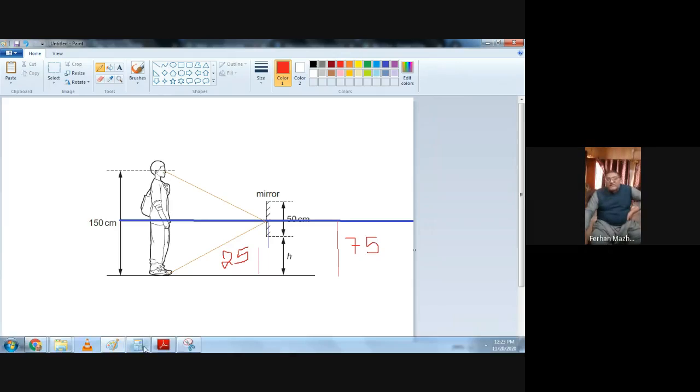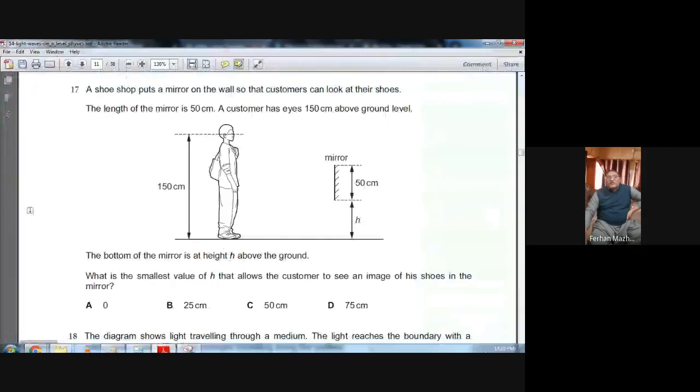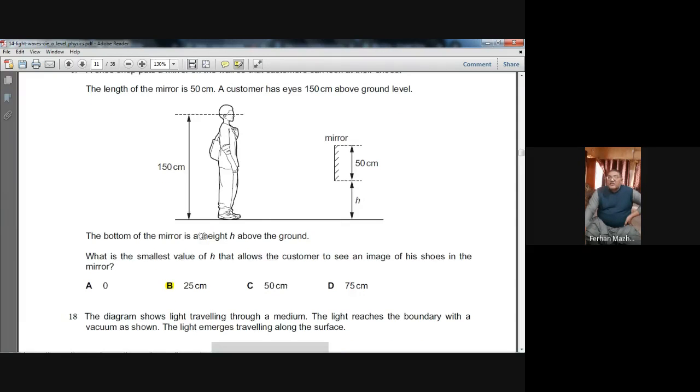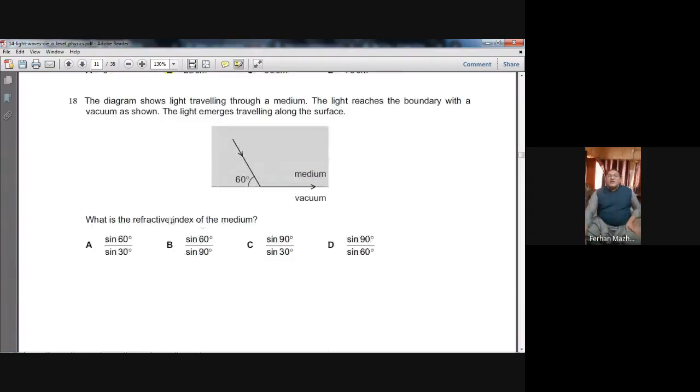So 25 is the right answer. The question was, what is the smallest value of h that allows the customer to see an image of his shoes in the mirror? That will be 25. So B is the answer, 25 centimeters. Okay. Let's go to the next question. The diagram.